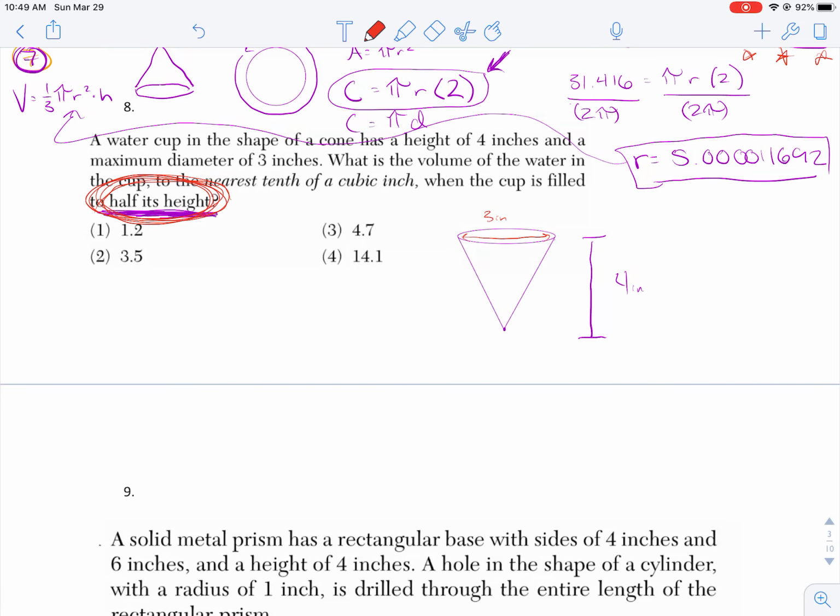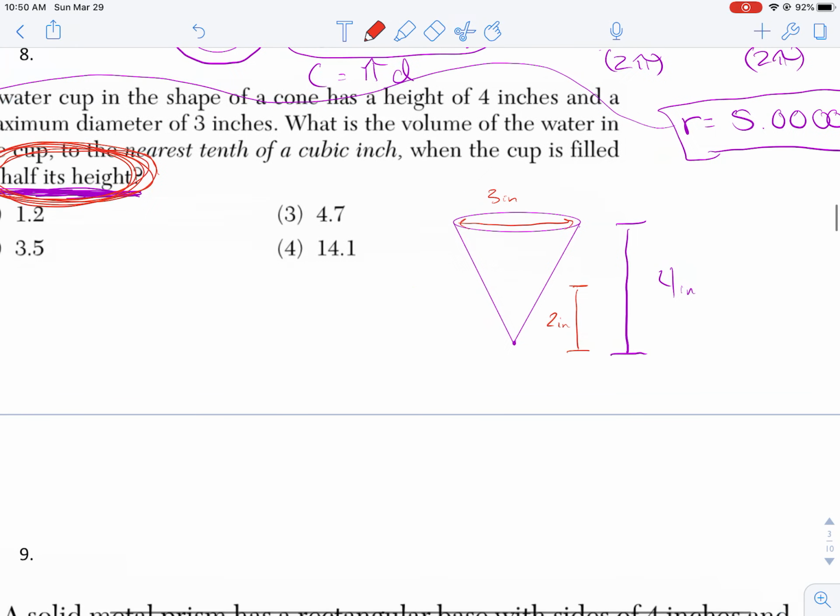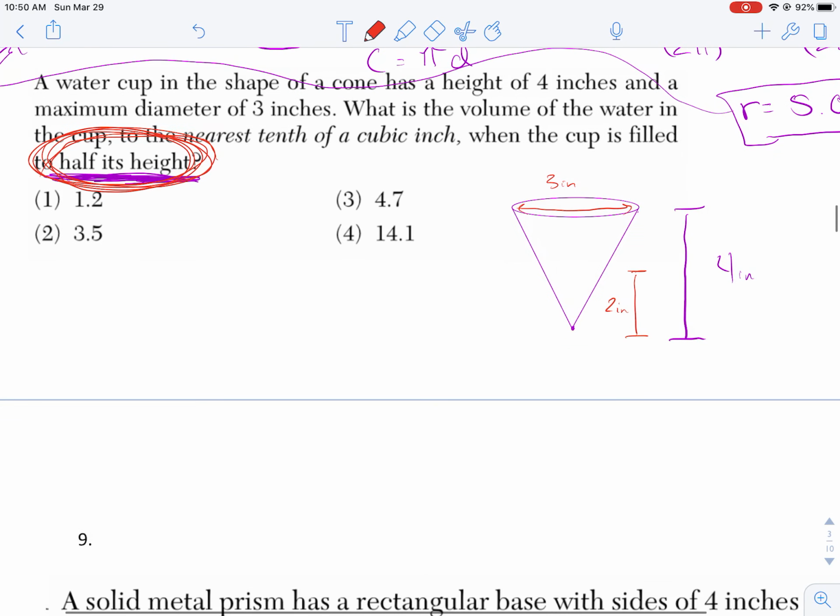Here's a key part: half its height. We don't want it to go all the way to the top, we only want it to go half its height, which in this case is 2 inches.